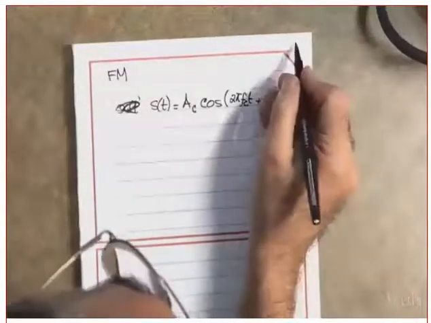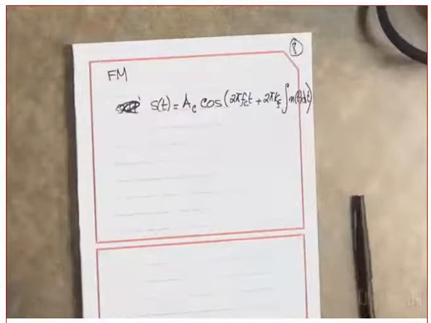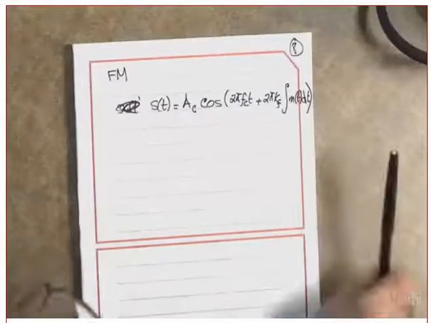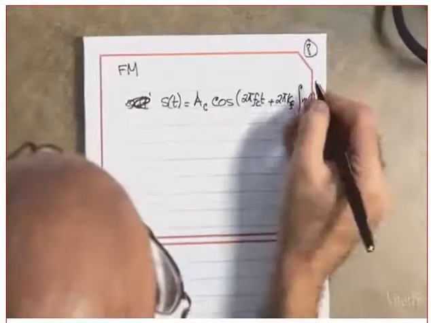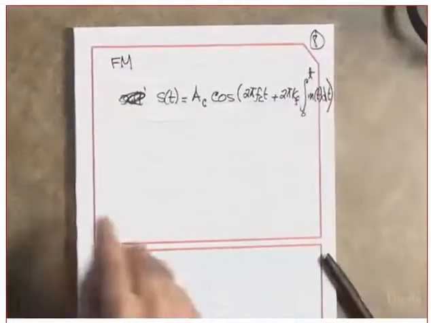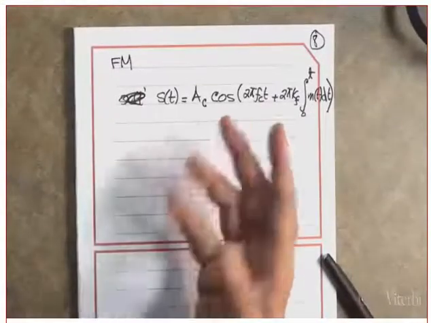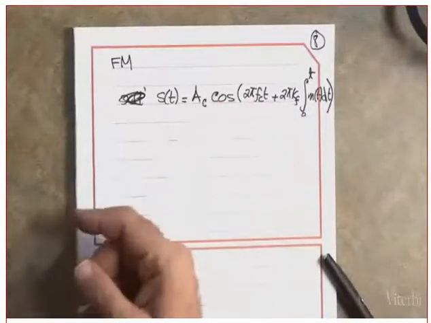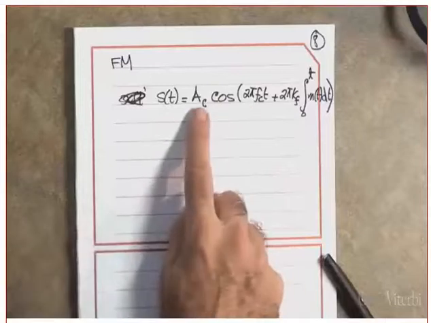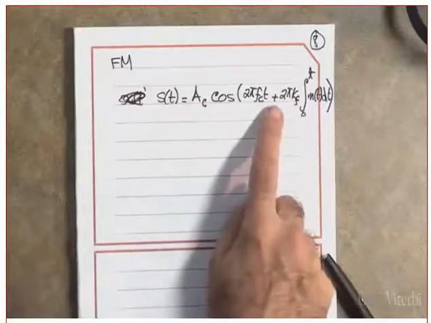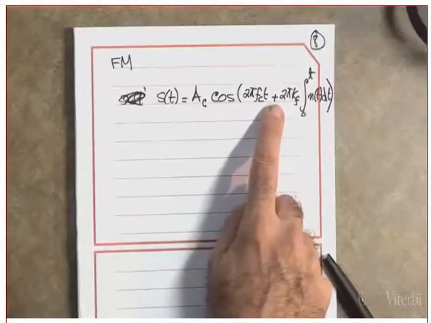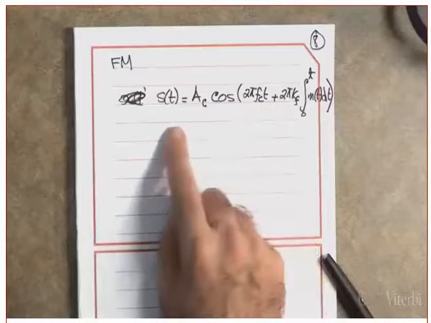Listen to my question carefully. This integral is from 0 to t. I will define what k_f means in just a second. But listen carefully: is the amplitude constant? The amplitude is constant. Why? Because the information is on the frequency. Yes?